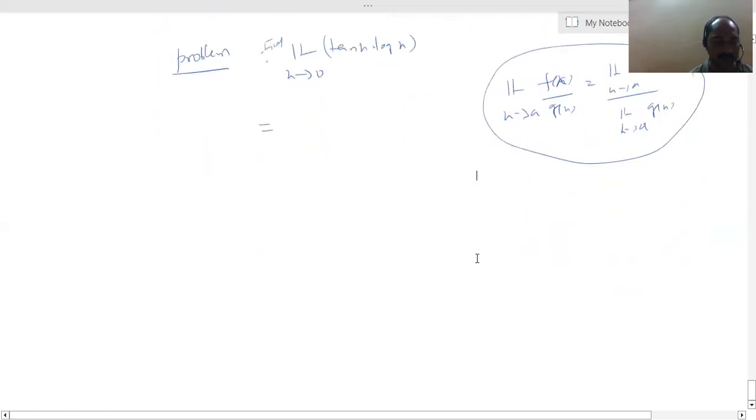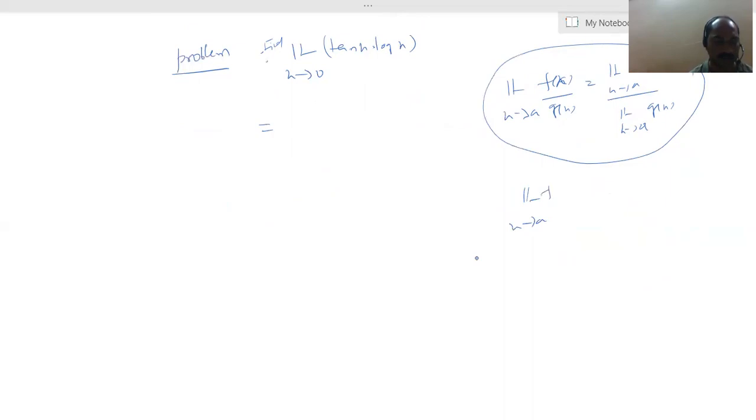Similarly, in the product also, limit x tends to a. If you have two functions in a product, f of x into g of x, this time limit x tends to a, f of x, limit x tends to a, g of x. Give the limit to both factors.